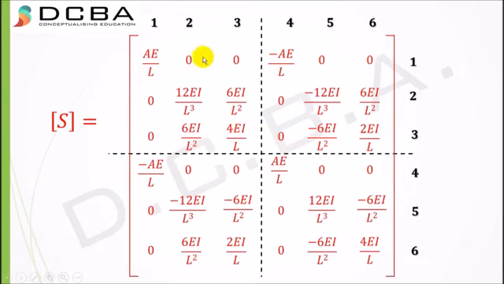The first quadrant and the fourth quadrant are exactly the same except for the signs here and there, and the second quadrant and the third quadrant are exactly the same except for the signs here and there. I'll tell you about the signs, how to write them, but for now just take note that all the elements in the second and the third are the same, and all the elements in the first and the fourth are the same.